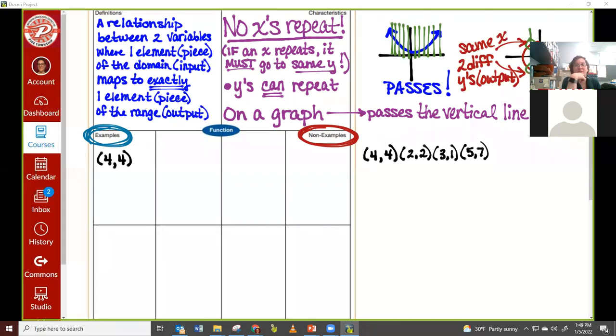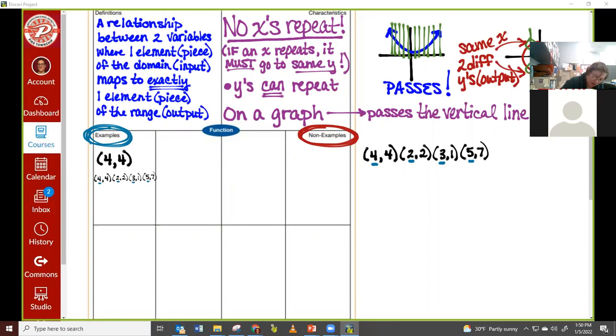What do you guys think? If I have a whole list of ordered pairs like this. That is a function, yes. When I look through it, I notice that none of these x's ever repeat. And so this would be a function. So I'm going to add that to our function example list.